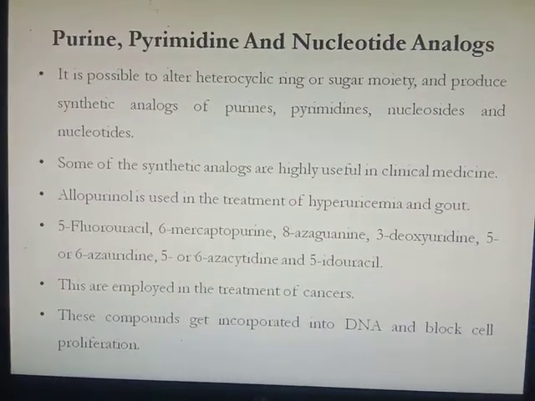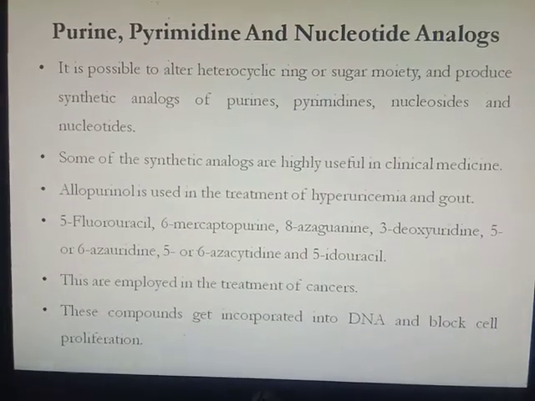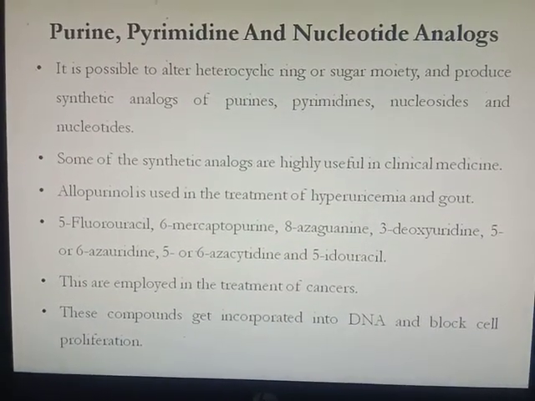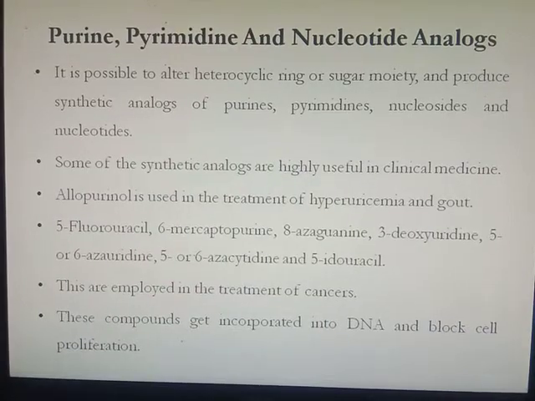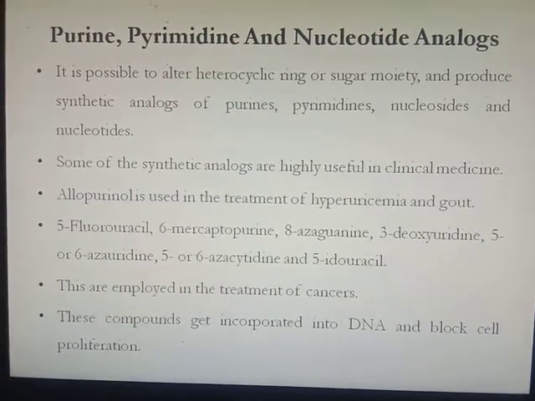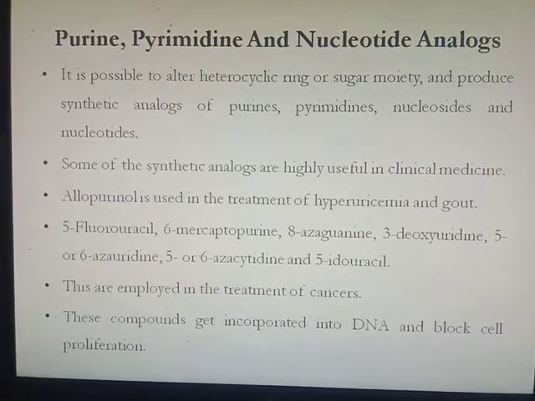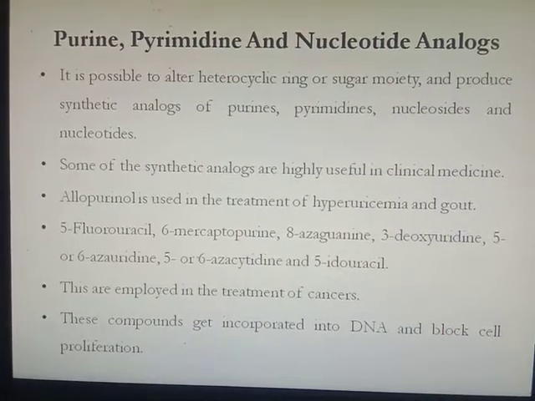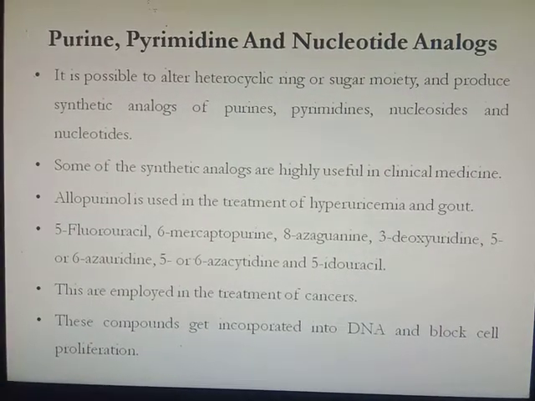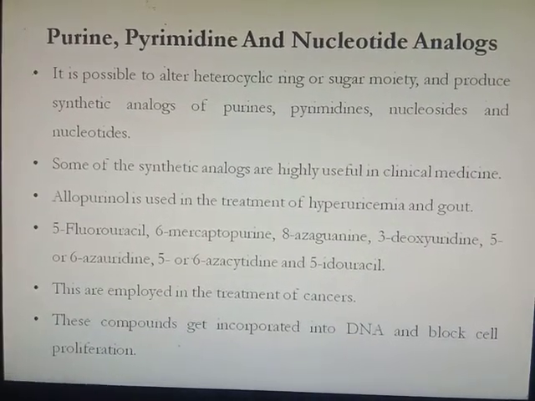Then purine, pyrimidine and nucleotide analogs. It is possible to alter the heterocyclic ring or sugar moiety and produce synthetic analogs of purine, pyrimidine, nucleosides and other nucleotides. Some of the synthetic analogs are highly useful in clinical medicine.